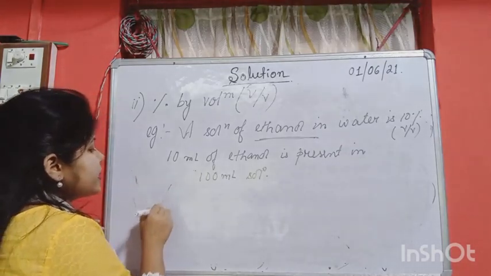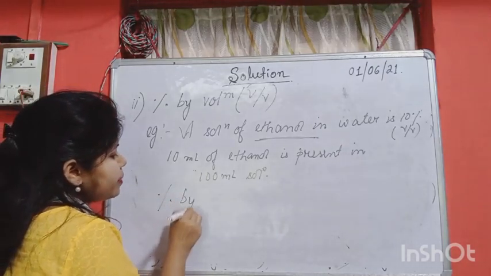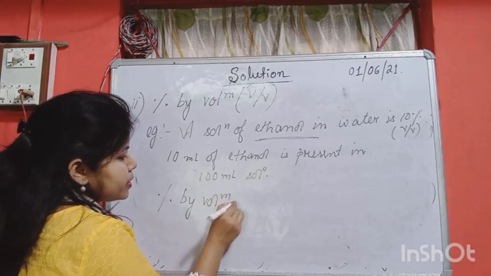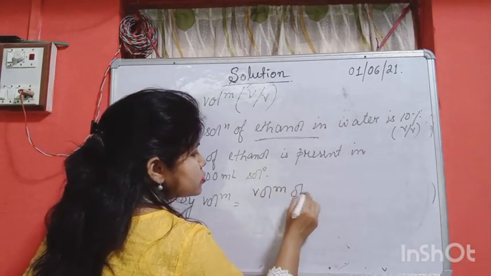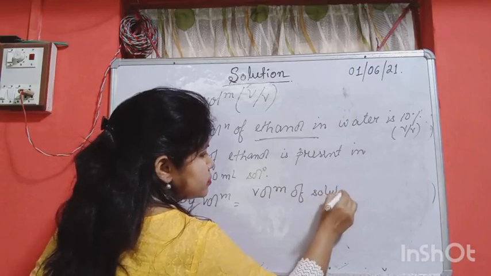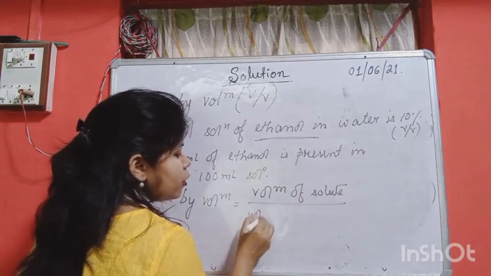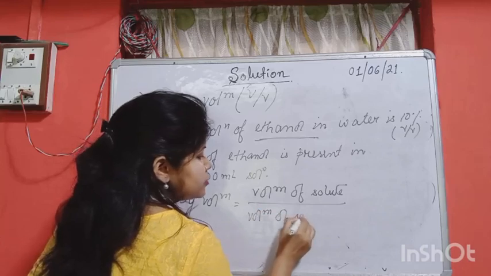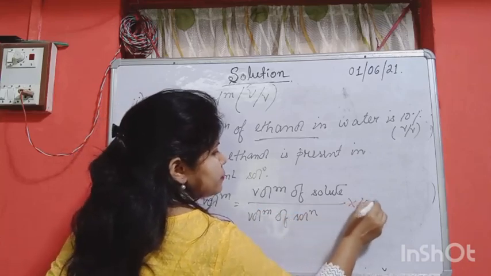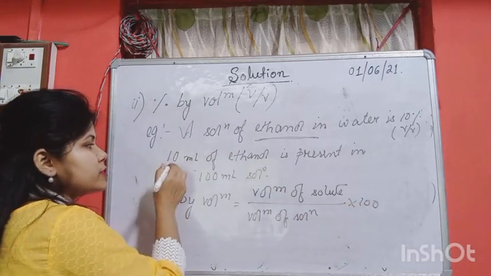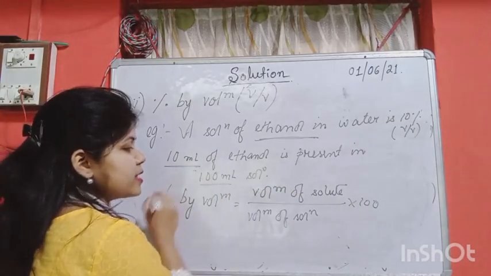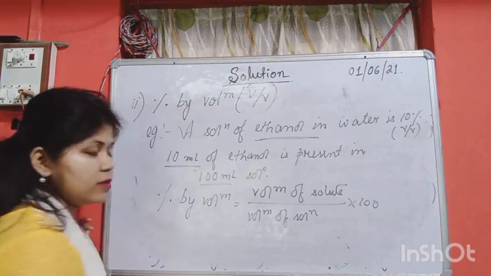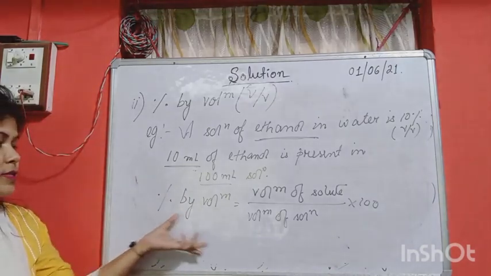So the formula for this is percentage by volume equals volume of solute divided by volume of solution into 100. Here the volume of solute is 10, so 10 divided by the volume of solution 100 into 100. So we can get the formula as percentage by volume.